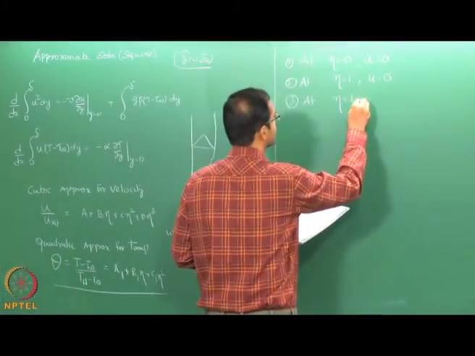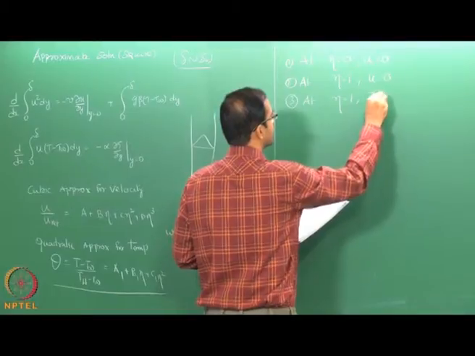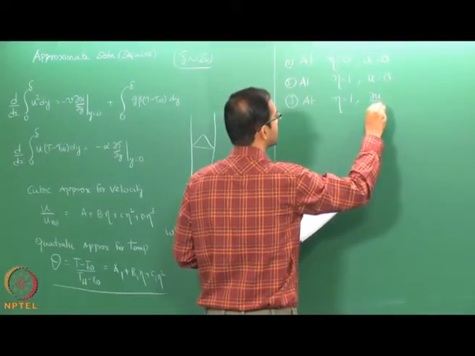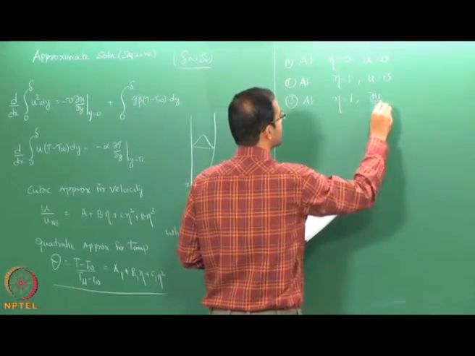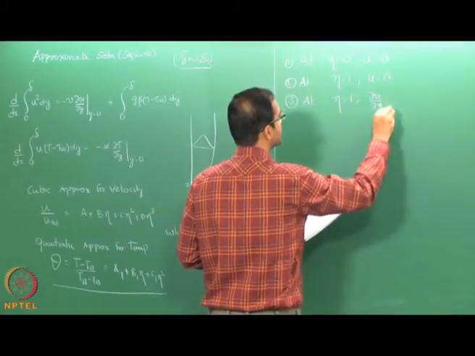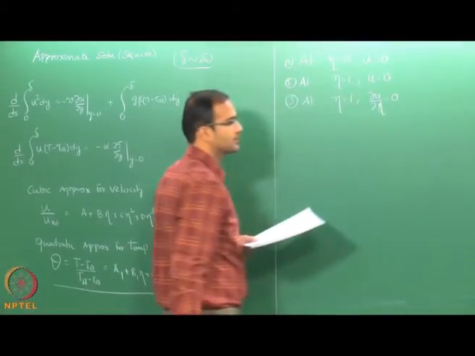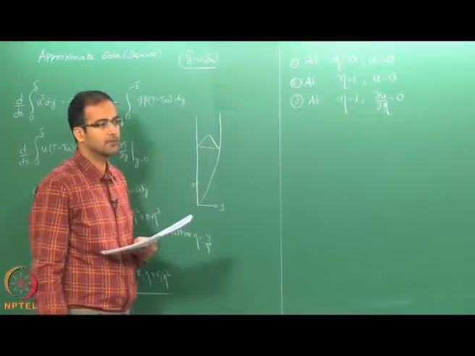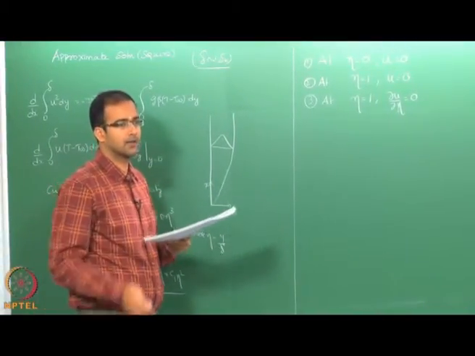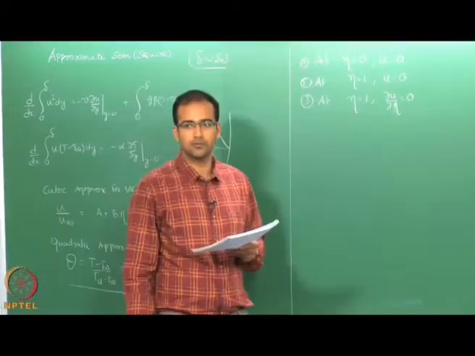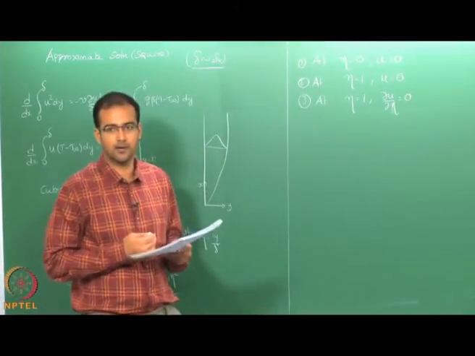What is the condition? du by dy, or du by d eta, is equal to 0. So, before we give a boundary condition to the higher order derivatives, we have to give it to the first order derivative.